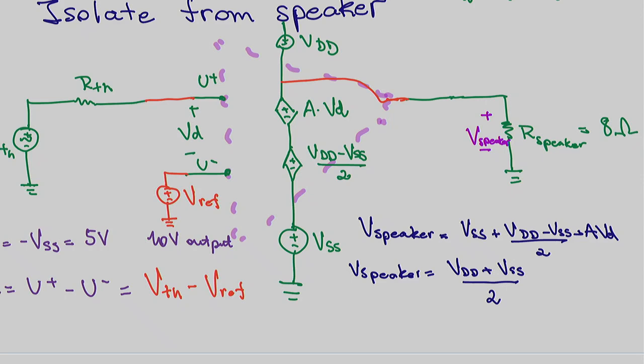Here I had a whole VSS. Here I had half of VSS. It was 2 VSS over 2 minus 1 VSS over 2. That's 1 VSS over 2. So here on the term, and the same term plus A VD.